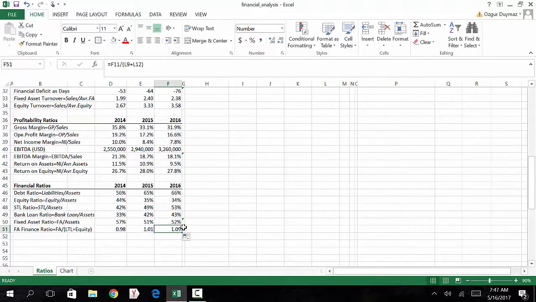If you look at the last year, it means fixed assets total is more than, as an amount, long-term liabilities plus equity. I mean, the last year fixed assets were financed by short-term liabilities.